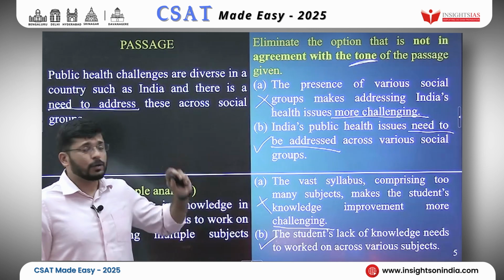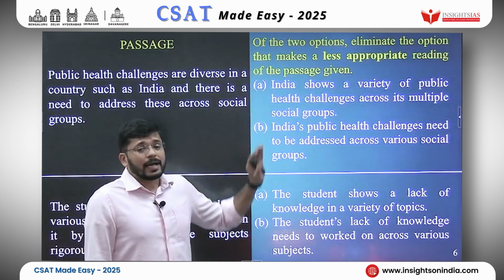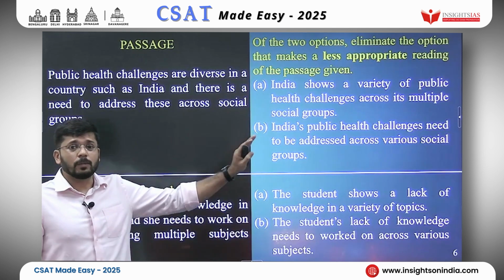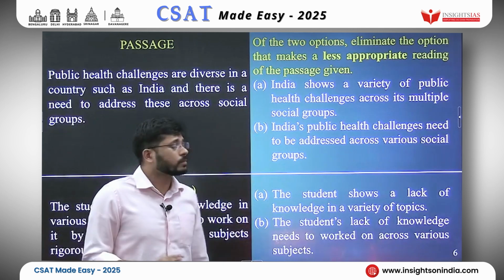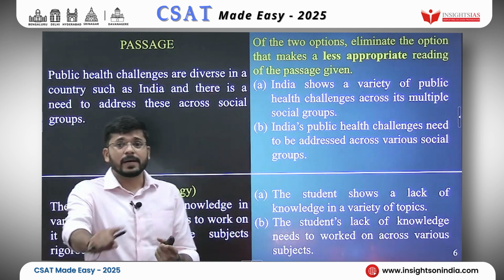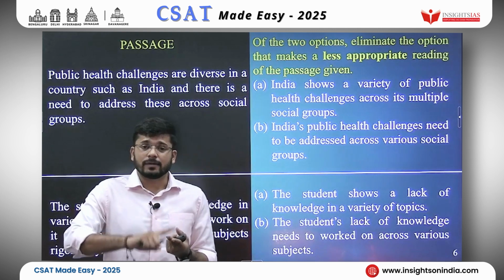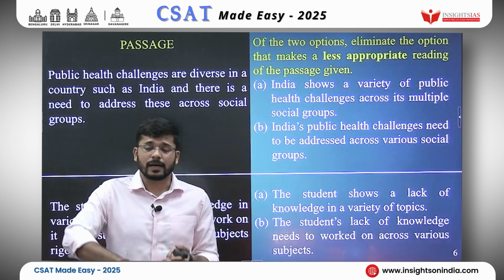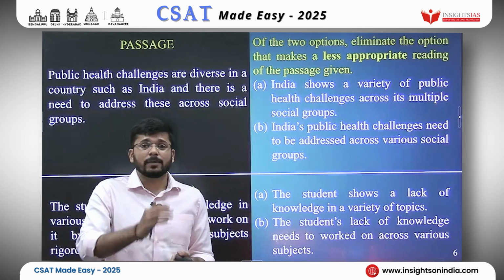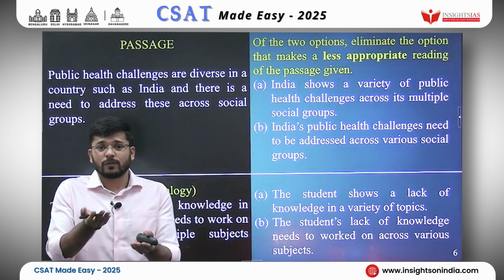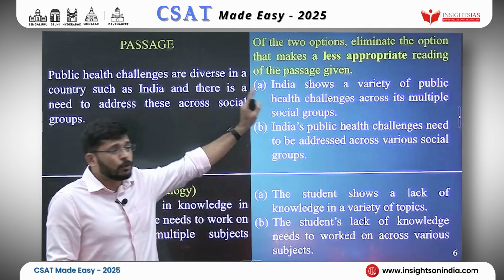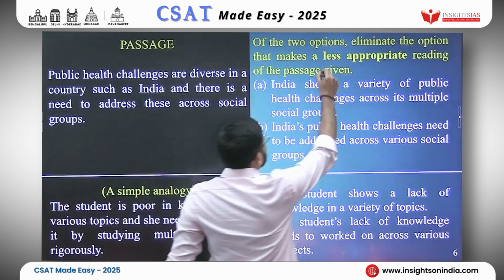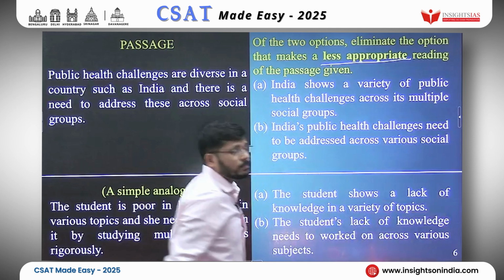Okay, and we now learn to eliminate three kinds of options. Now we will try to understand the last type of option. This is the most difficult of all the four, because after you have eliminated extreme options, then options which are not in agreement with the content of the passage, then options which are not in agreement with the tone of the passage, if you are left with two options ultimately, then you need to eliminate the less appropriate one.